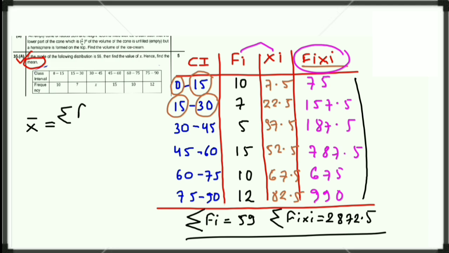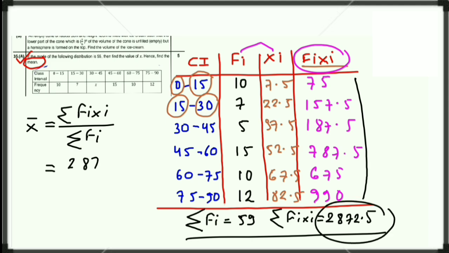Sigma fi xi by sigma fi, and here we have already obtained sigma fi xi equal to 2872.5, and sigma fi equal to 59, and dividing these numbers we get 48.68.